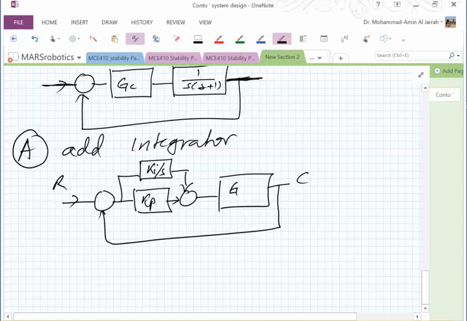Is this clear? Now look, effectively what I did, this is R, and these are parallel paths.